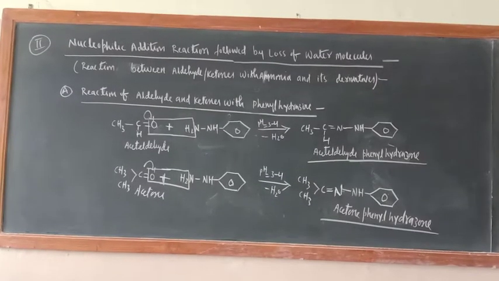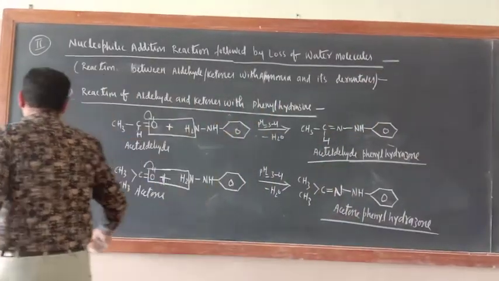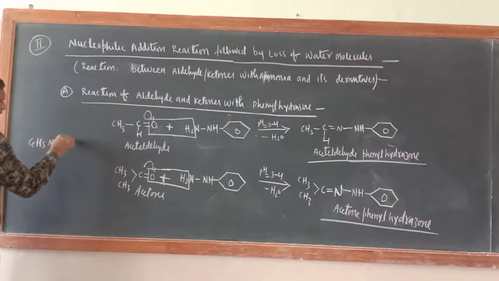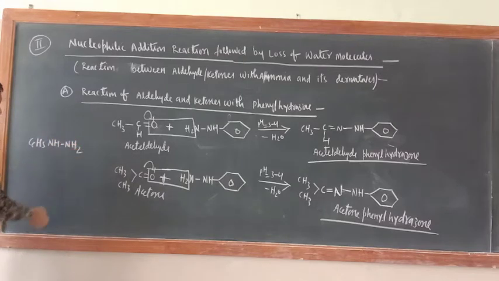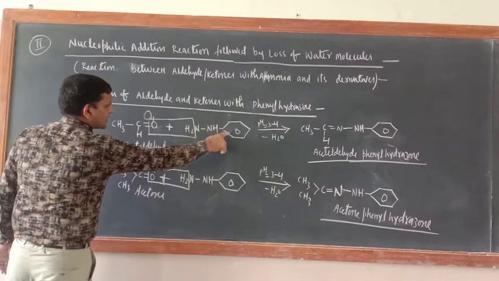Now next one, reaction with phenyl hydrazine. What is the formula of phenyl hydrazine? Phenyl hydrazine formula is C6H5NHNH2. Correct or not? I wrote it like that only, NH2NHC6H5.